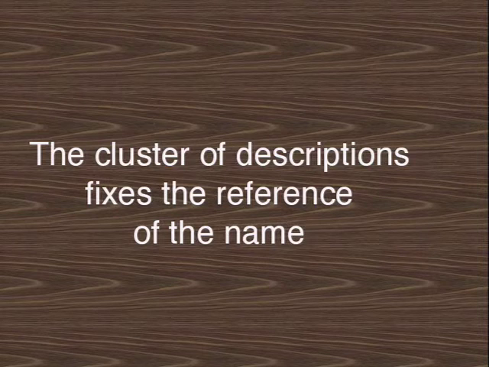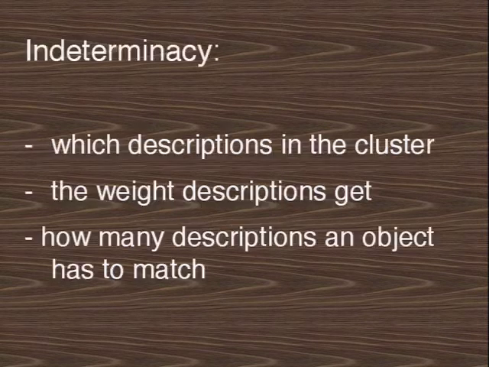So the name Aristotle is standing not for whoever matches the description in some one person's head. It's really a social thing. There's the group set of descriptions, and it's whoever best matches them. There may be indeterminacy as to which descriptions really get into the cluster. You might think that some of it is uninformed gossip or mere speculation.